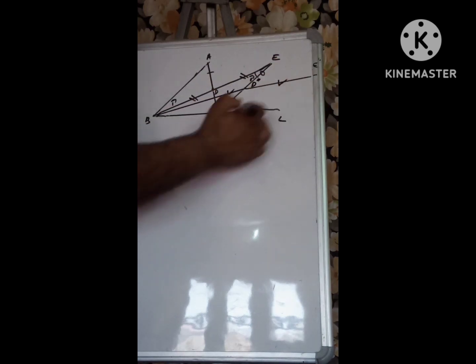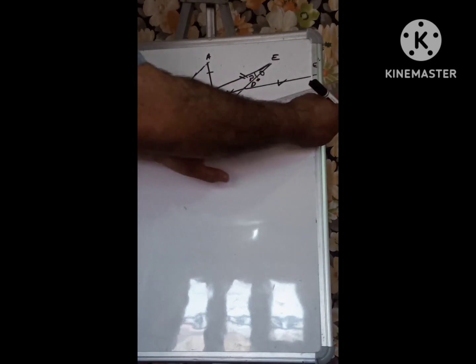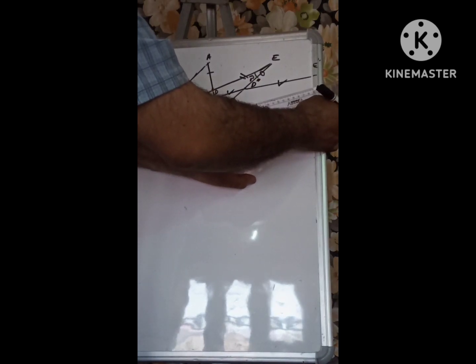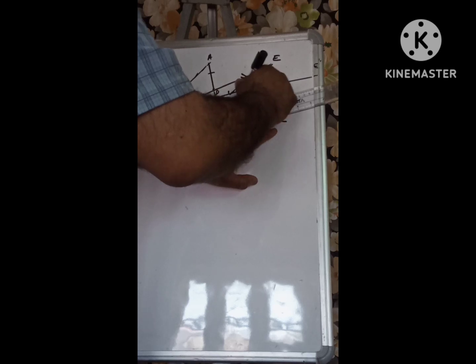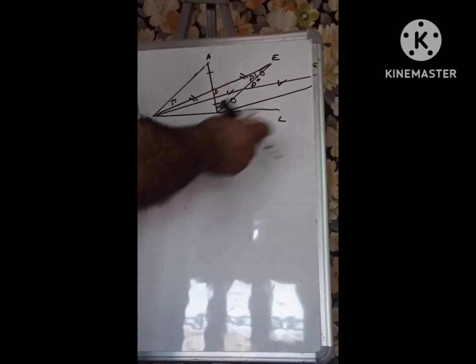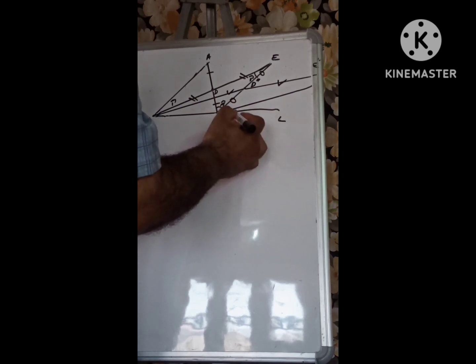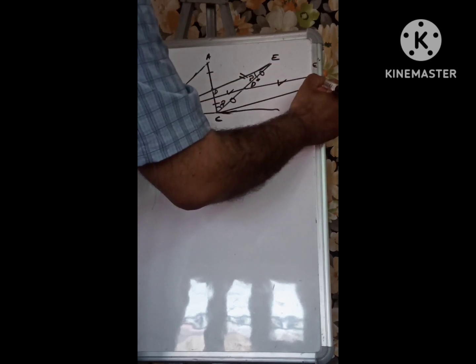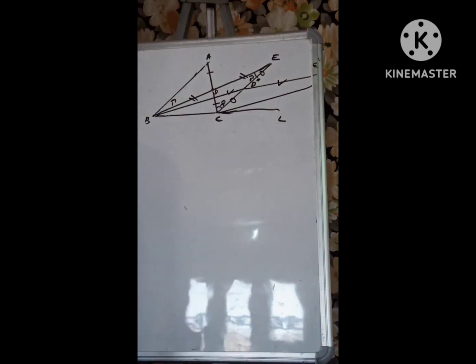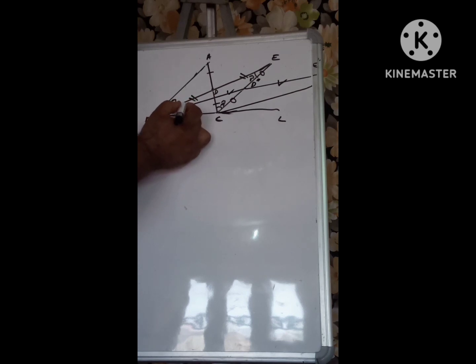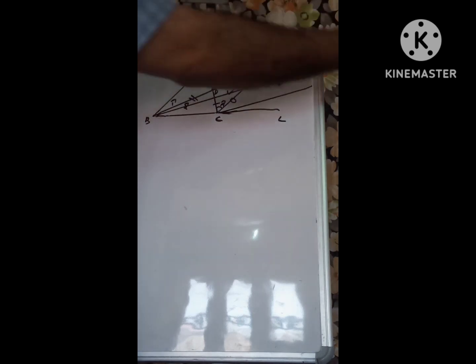Now if I were to join it with what would be point E double dash, except I can't make the diagram fully here, I would have this angle here, angle 2, equal to the angle there.